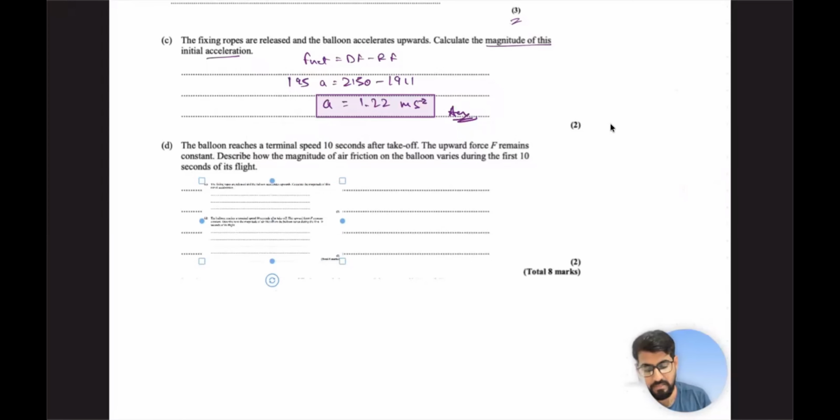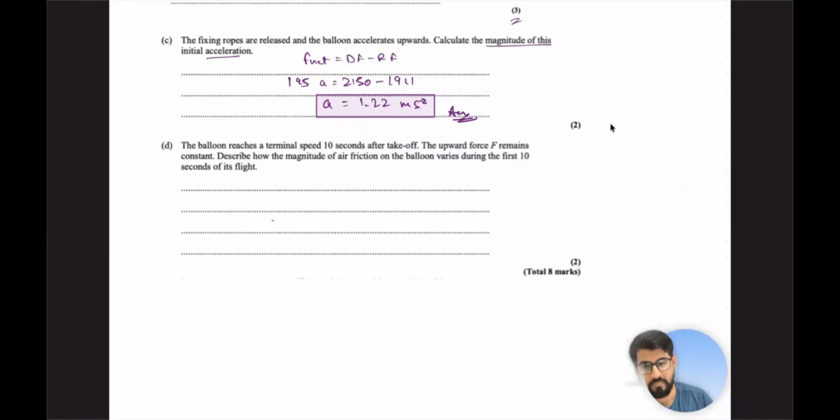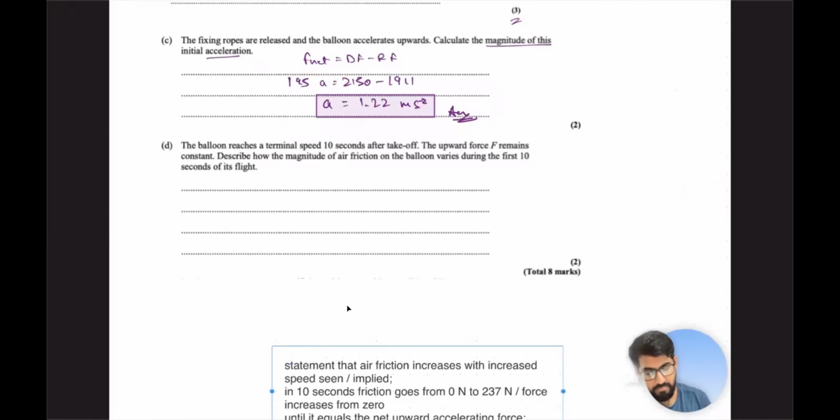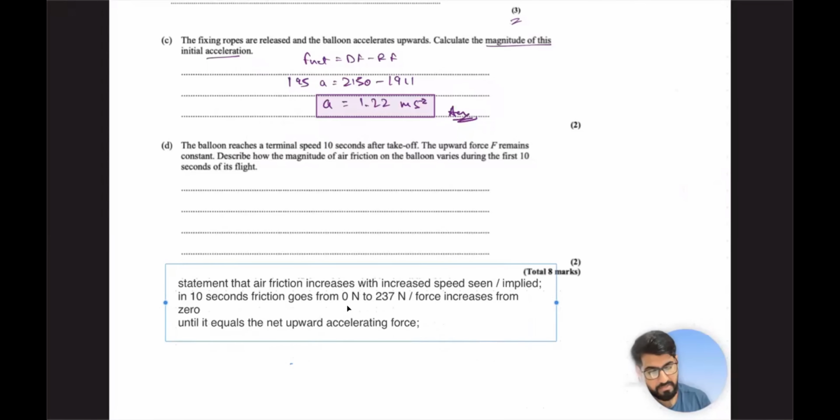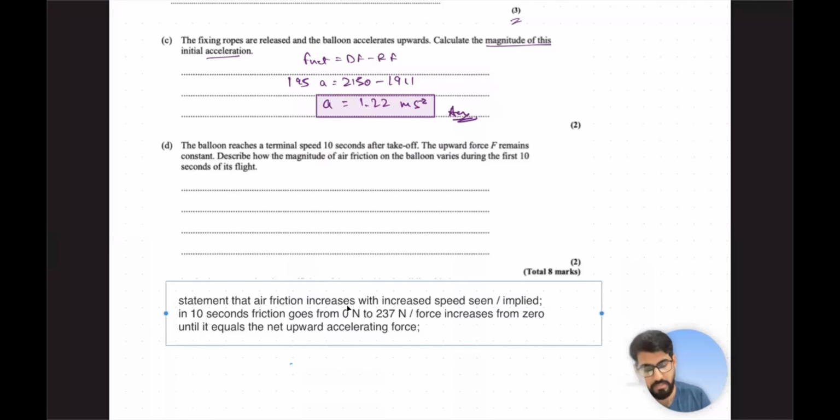Is this part clear? Yeah. So you just have to write down in your own words. The meaning should be the same. So I have mentioned the keywords according to the marking scheme.